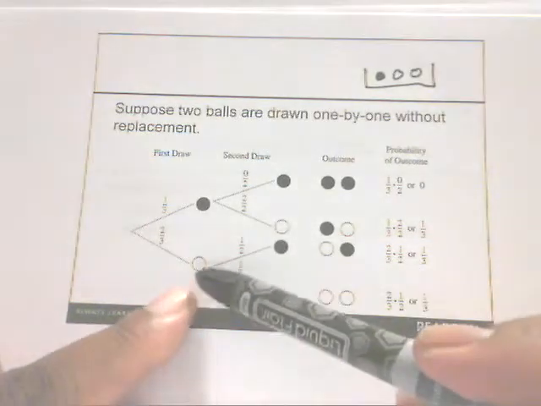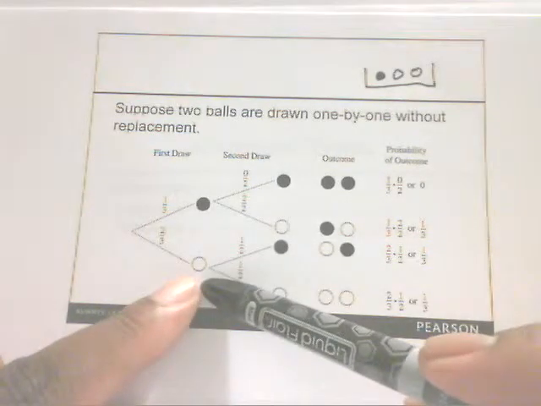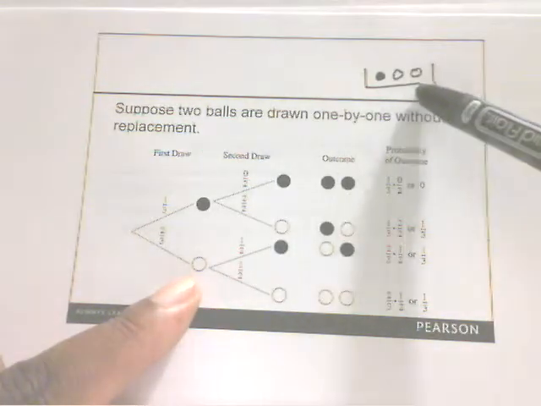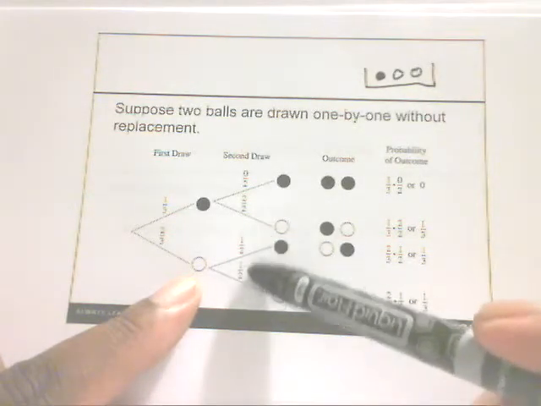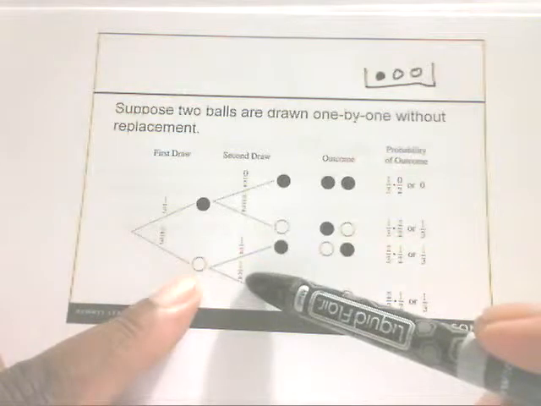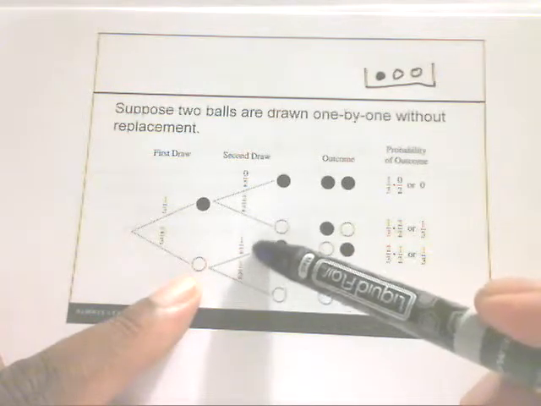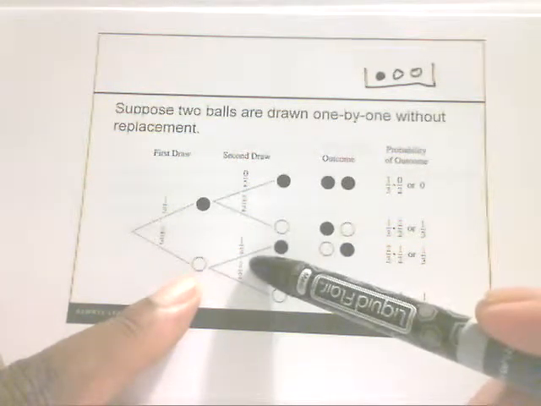Okay? Now, if the first draw was a white ball, then you're going to have a colored ball and a white ball. So that probability is now 1/2, not 1/3, because this is without replacement. Okay?